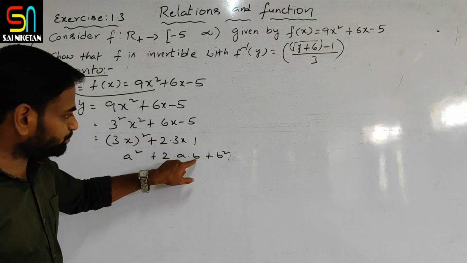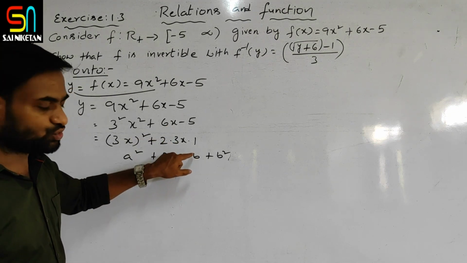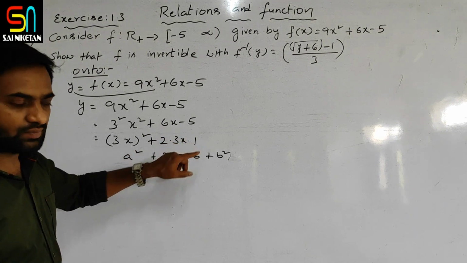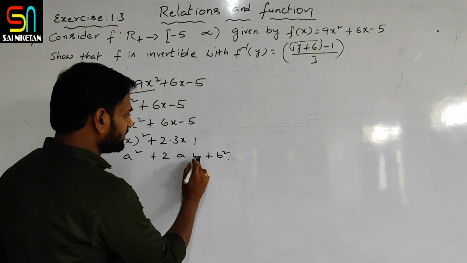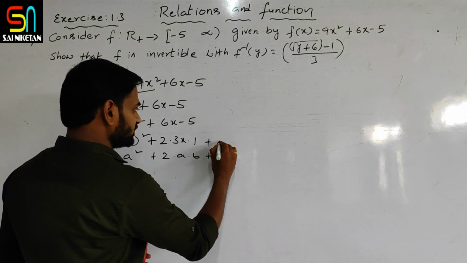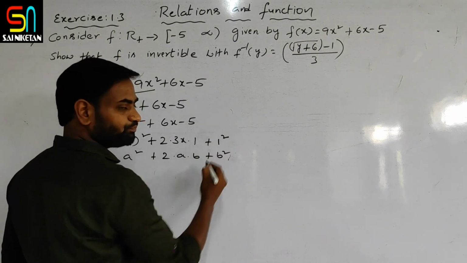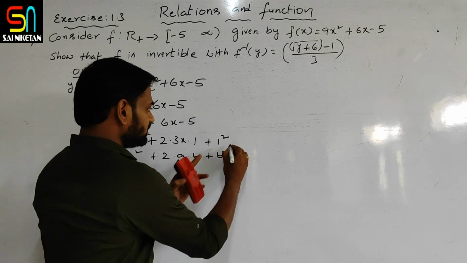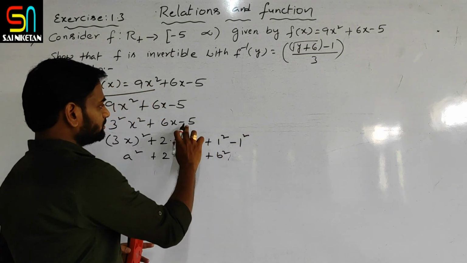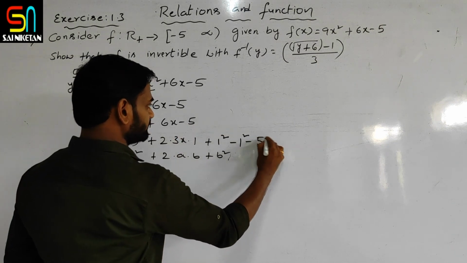But here we have to write the b value also. So already you got 6x, that's why I am writing here 1. Now what is the b value? 1. So I am adding here an extra term, b square, which is 1 square. I wrote it extra, that's why I am subtracting 1 square. Next remaining is minus 5.